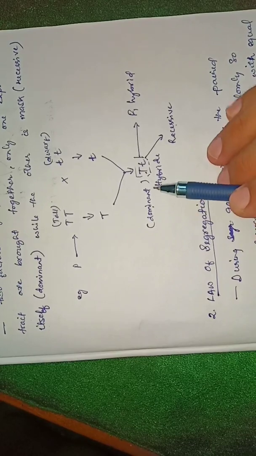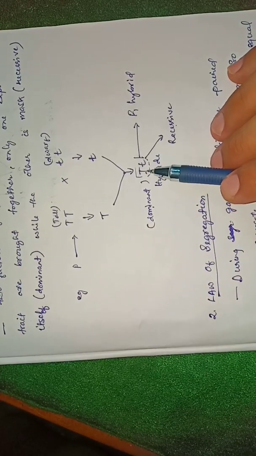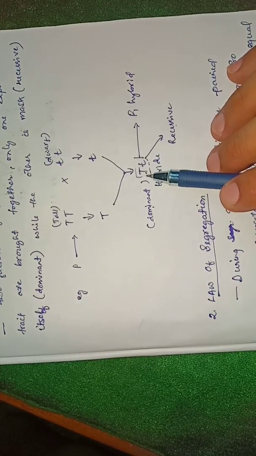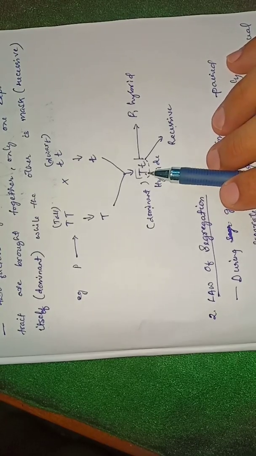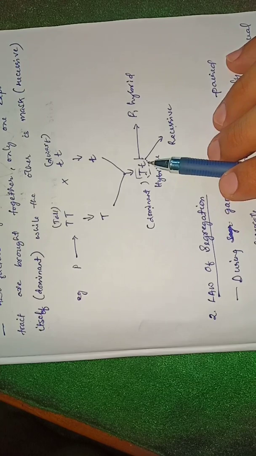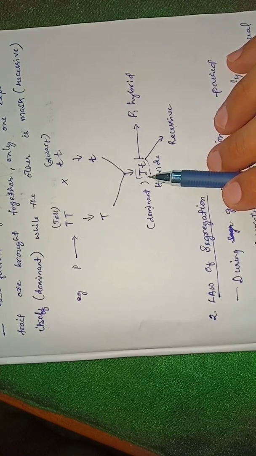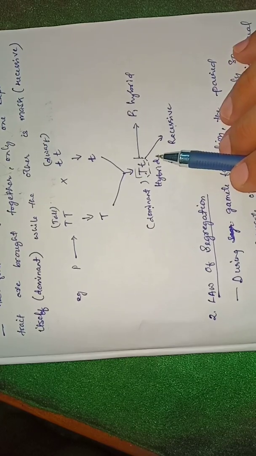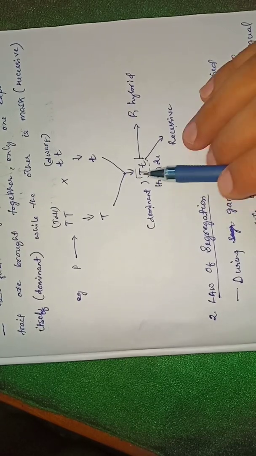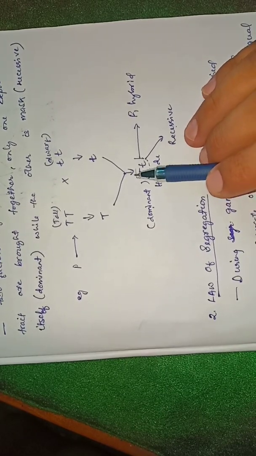So the hybrid has the character of both, tall and short, but in this case one is dominating and the other becomes recessive. Because of this, the hybrid becomes tall, but it is in heterozygous condition. So this capital T is dominating over the small t.